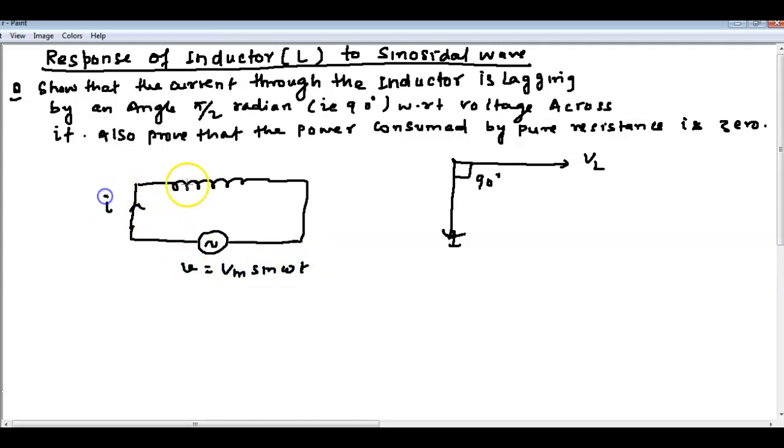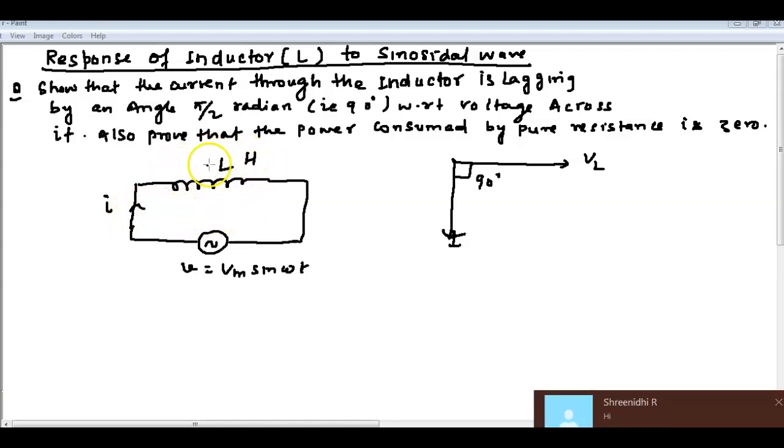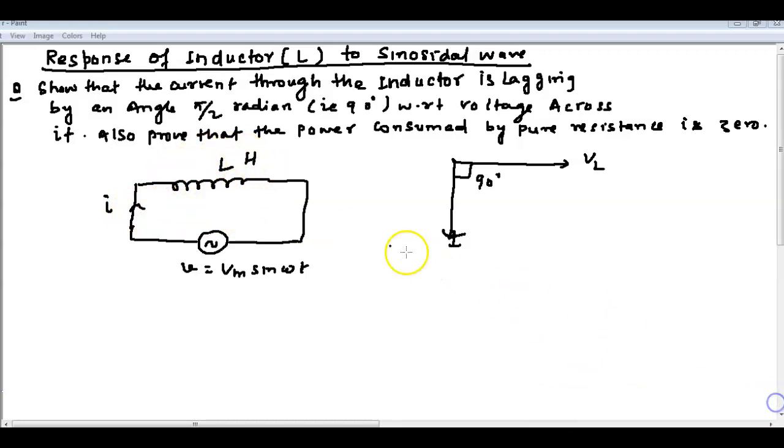This is the current I, and this is the inductance of the inductor, L, and the unit of L is Henry. So current I, and L is the coil. This is the inductance of the inductor, and the power supply is V is equal to Vm sin of omega t.